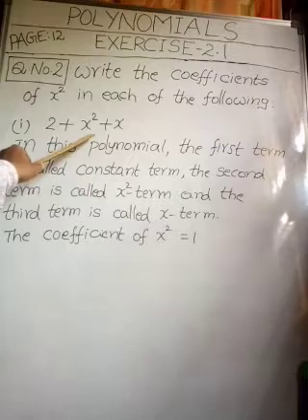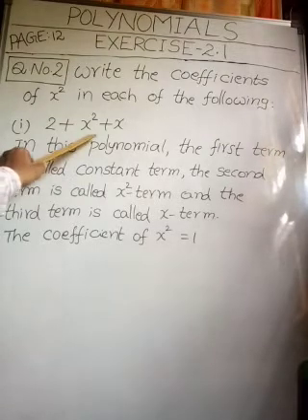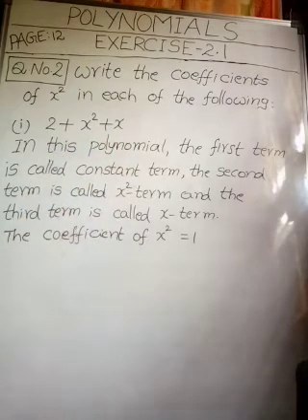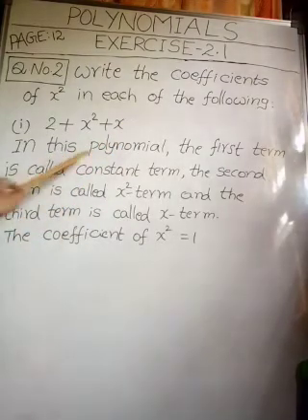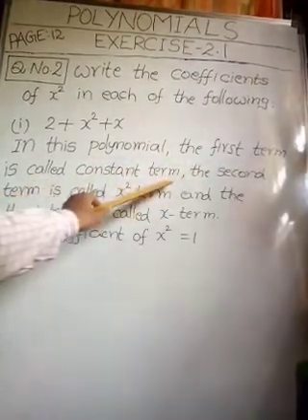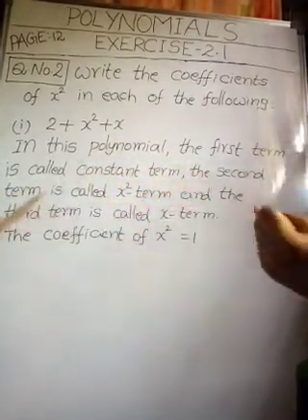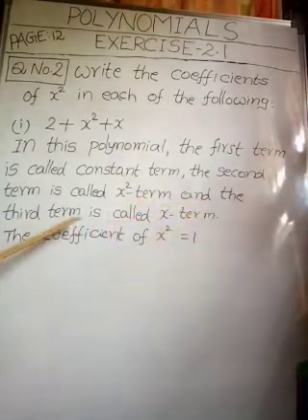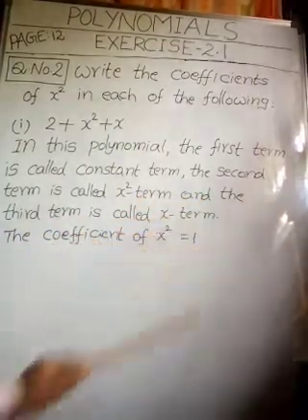What is the second term called? X square term. And the third term is called the x term. So I wrote these points here. In this polynomial, the first term is called the constant term. The second term is called the x square term. And the third term is called the x term.